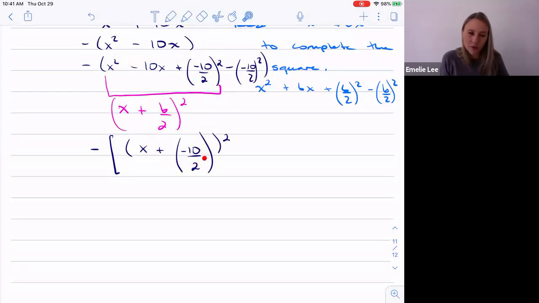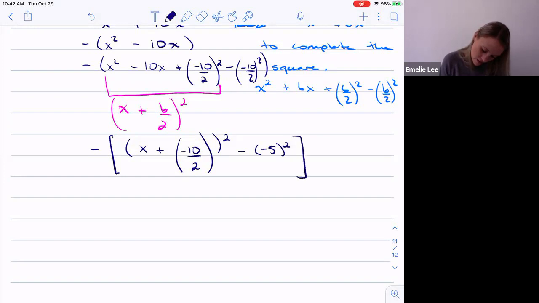And I want to show, if you wanted to go straight to negative 5, that's fine. I just wanted to show where it came from. But then don't forget, I have plus negative 10 over 2 squared inside the brackets from this negative, so minus negative 5 squared.